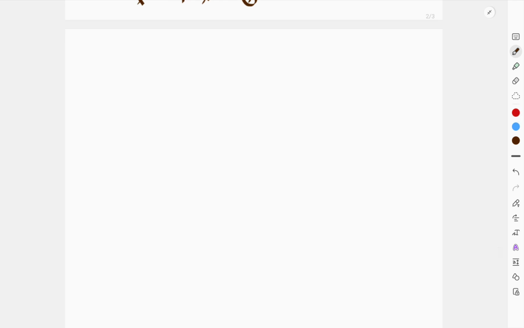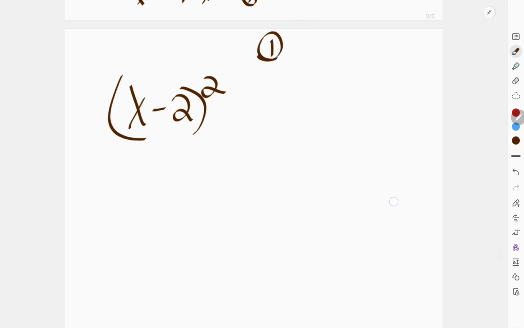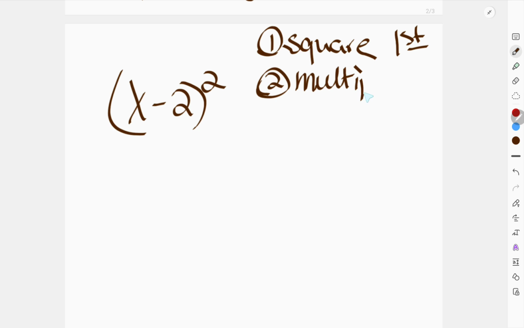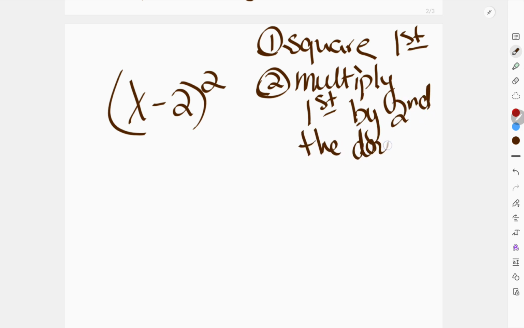Okay, so 12 and 13 you should be able to do. When you have x minus 2 and it's squared, this one is the one where you square the first, multiply the first times the second, then double it, and square the last.